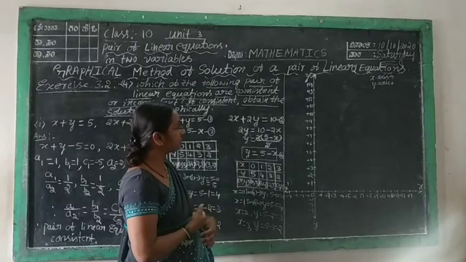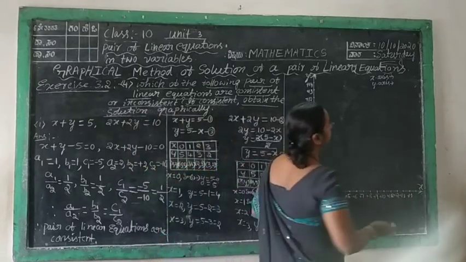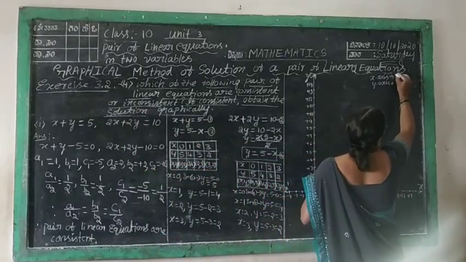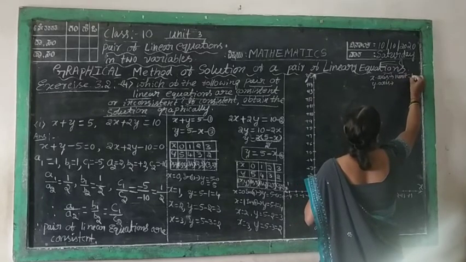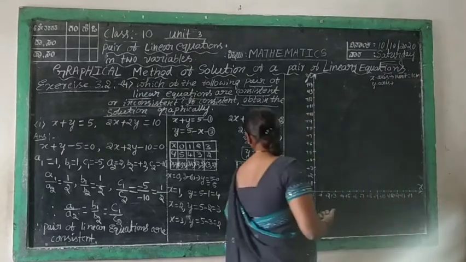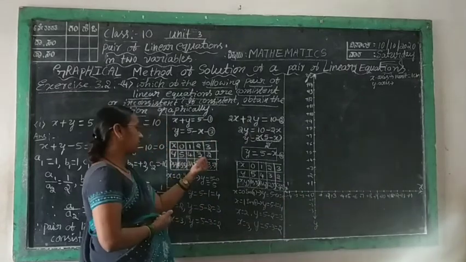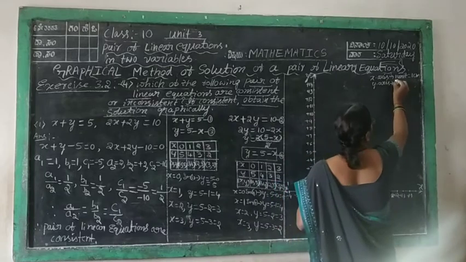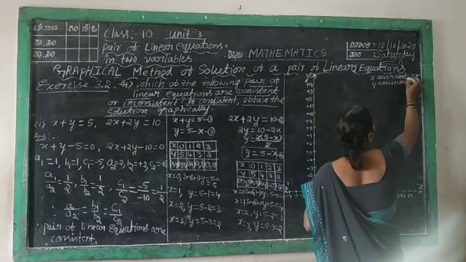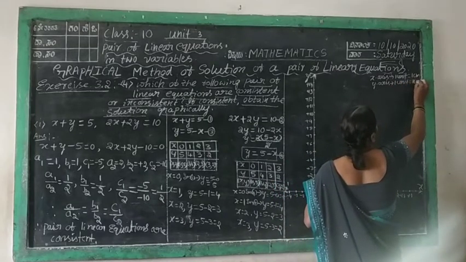We have taken 1 unit is equal to 1 centimeter. Then the y values 5, 4, 3, 2, again taking 1 unit is equal to 1 centimeter.